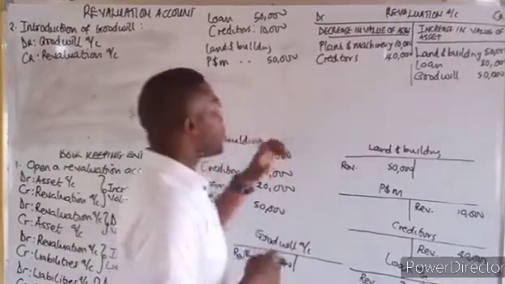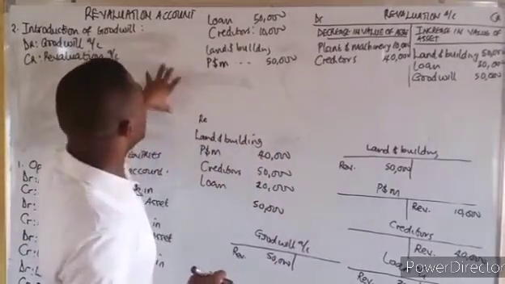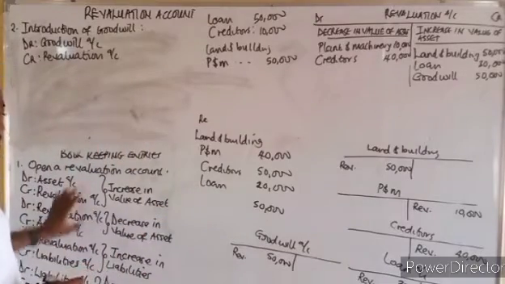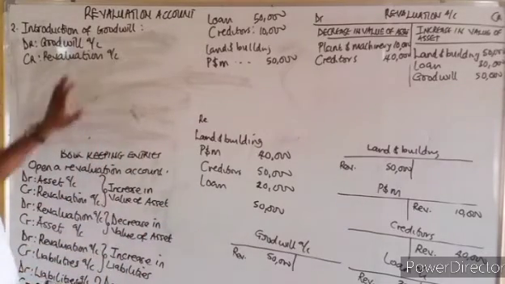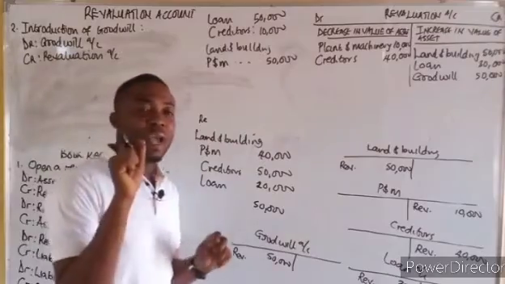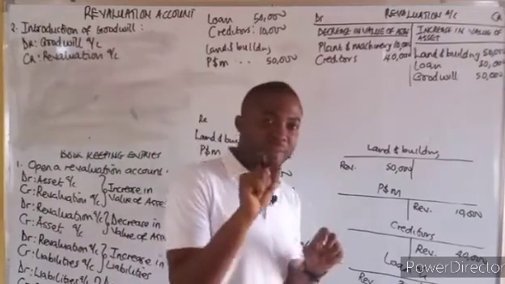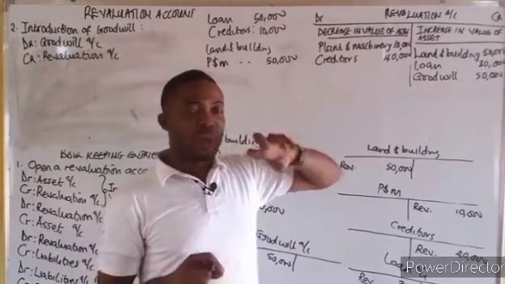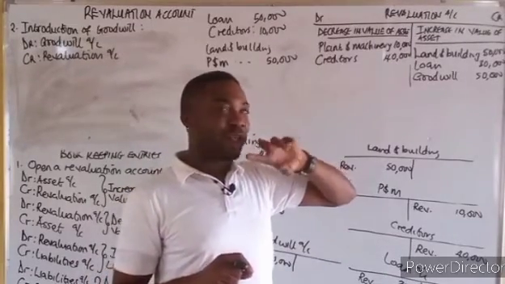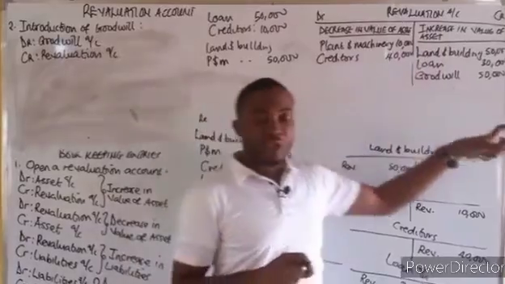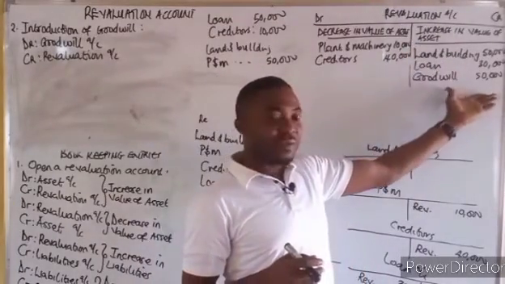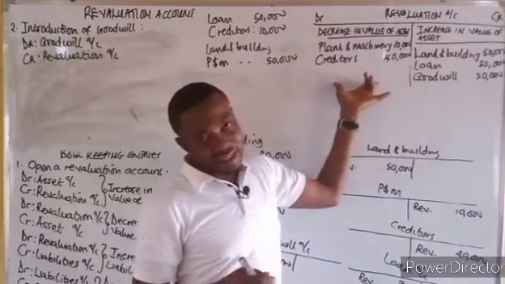Okay, so the next one now is to check. Once you've done this, because you'll be given assets and liabilities, once you've reflected this, we have to check if there is profit in the revaluation. There is profit when the credit side of the revaluation is greater than the debit side.